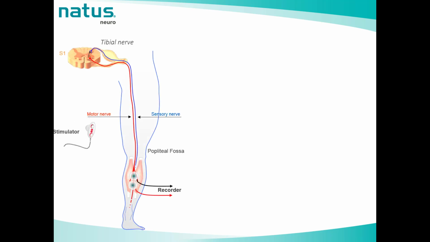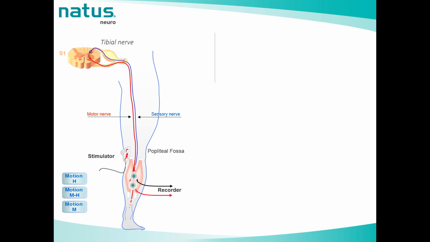Let's make our explanation a little more understandable using a graph. Here you can see the H test performed on the tibial nerve with recording adhesive electrodes placed over the lower limb and the stimulator around the popliteal.